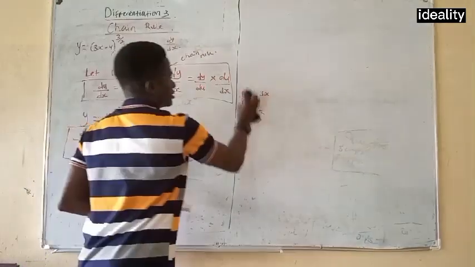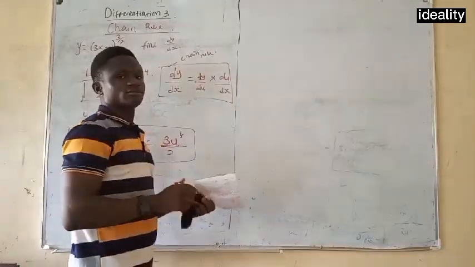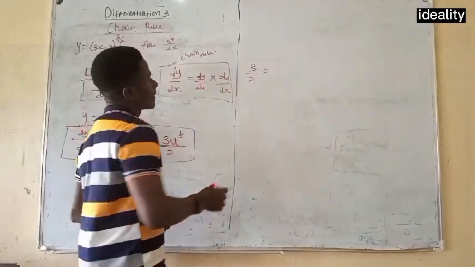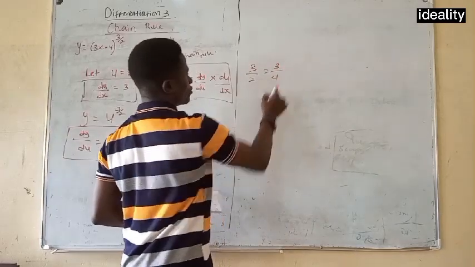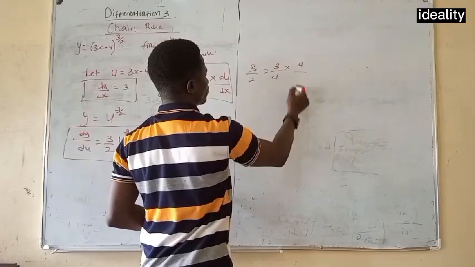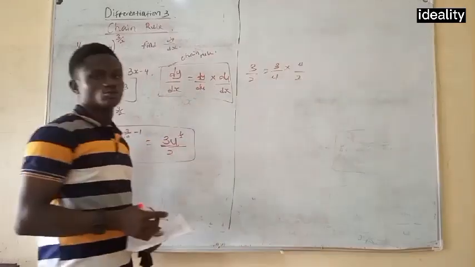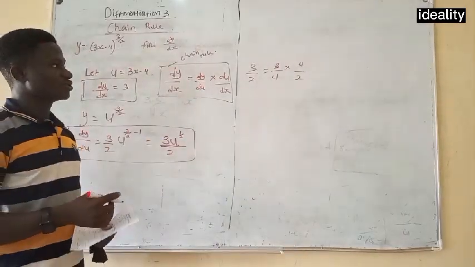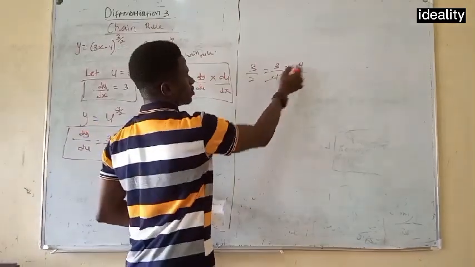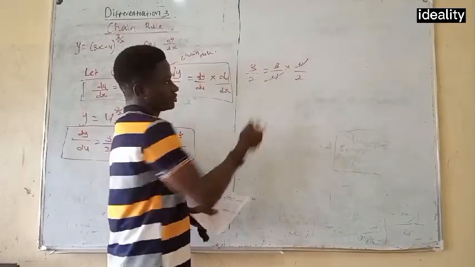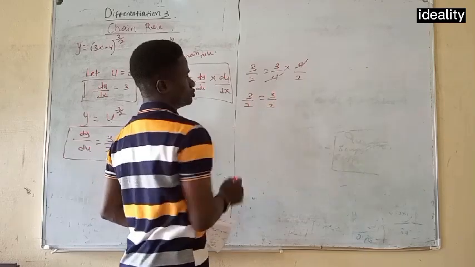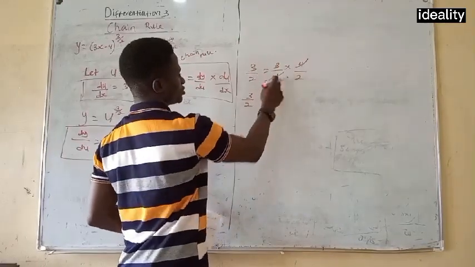If I have 3 over 2, it will be equal to 3 over 4 times 4 over 2. I can simply say this 4 cancels this 4, because they are the same thing, so that we have 3 over 2 equal to 3 over 2.